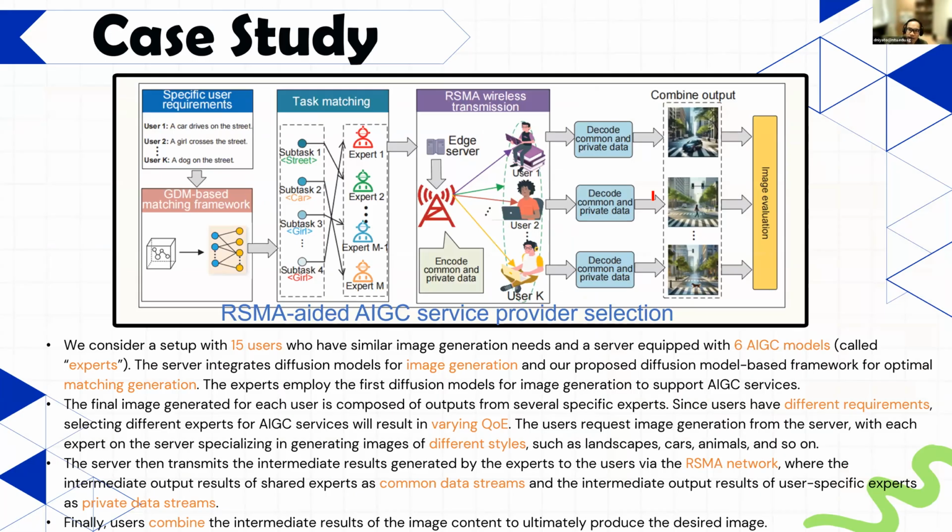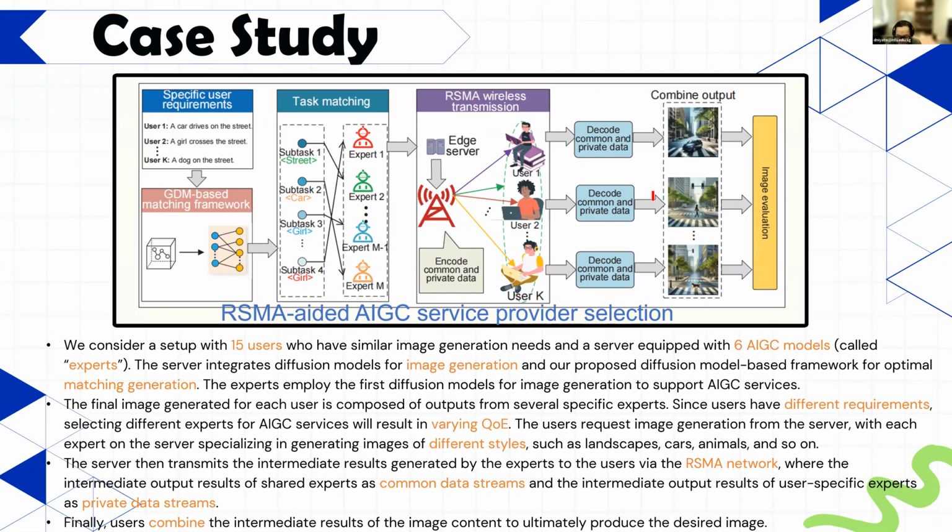So we conducted a case study where we have a setup of 15 users who have similar image generation or data computing requirements, and the server is equipped with the AI model which we call the expert. So the server will integrate the diffusion model for image generation and our proposed diffusion-based framework for optimal matching generation.